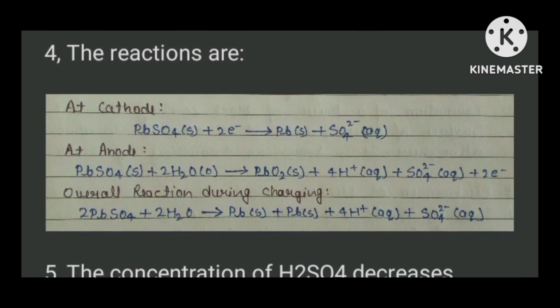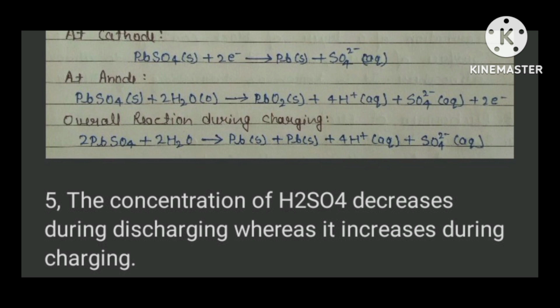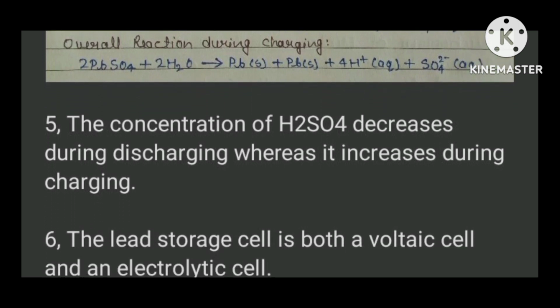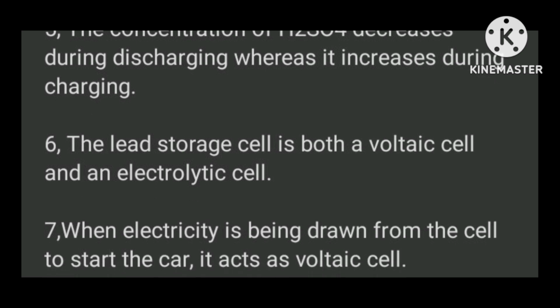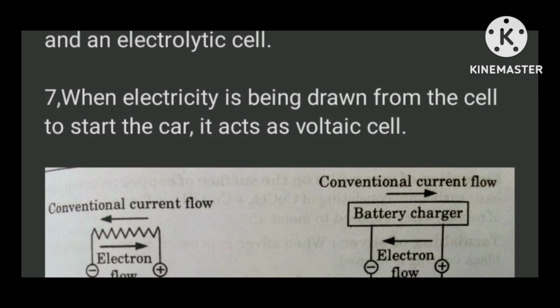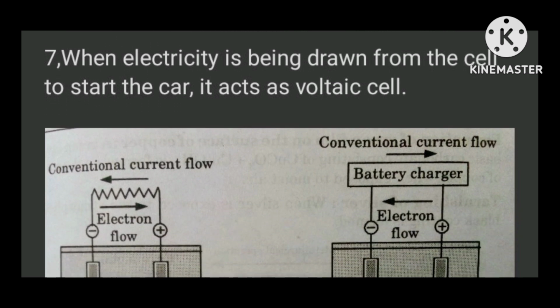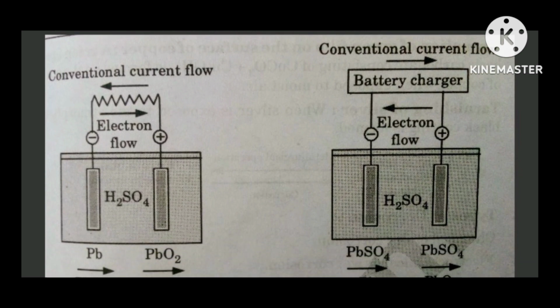The reactions are as follows. 5. The concentration of H2SO4 decreases during discharging whereas it increases during charging. 6. The lead storage cell is both a voltaic cell and an electrolytic cell. 7. When electricity is being drawn from the cell to start the car, it acts as a voltaic cell.